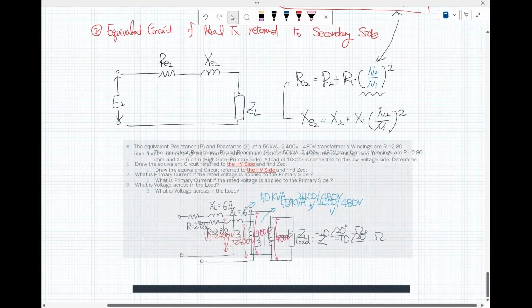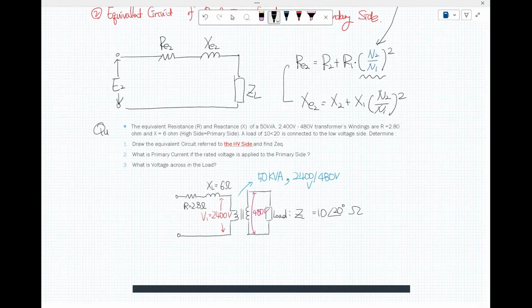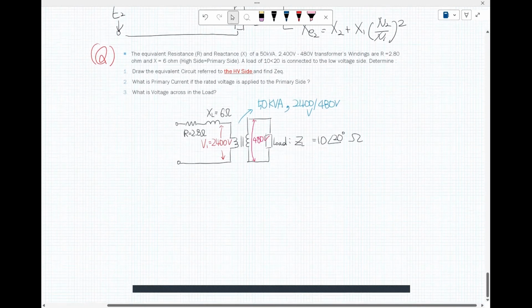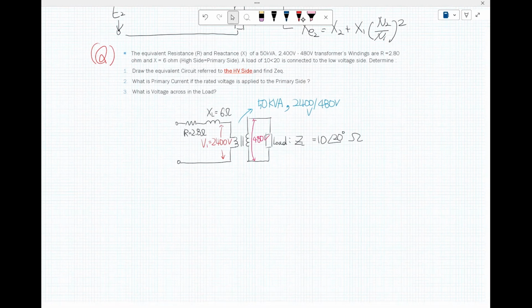The equivalent resistor and reactance of a 50 kVA, 2400 V and 480 V transformer winding are R is 2.8 ohm and X is 6 ohm, definitely the high voltage side, which is the primary side. The load is 10 ohm at 20 degrees, connected to the low voltage side. Determine the following.